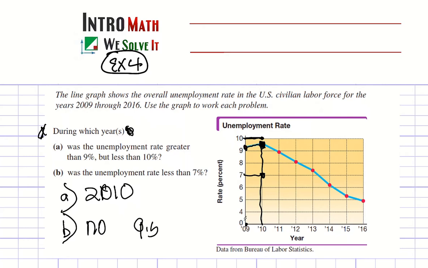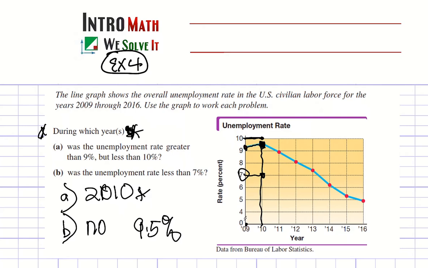So the question was, was the unemployment less than 7? It said no, because 7% is over here. Okay, it's talking about that particular year right there. That year is 2010. See? All right, you get that, right?